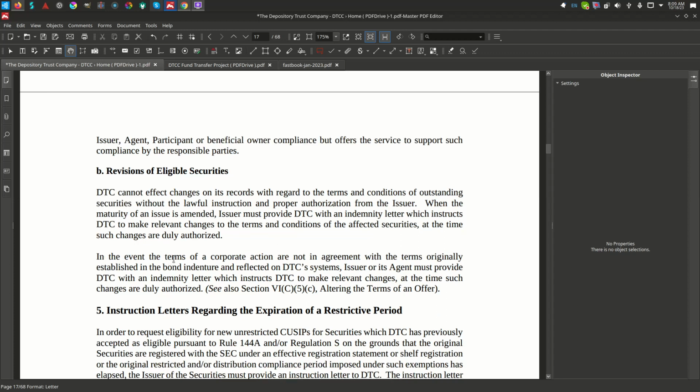In the event the terms and corporate actions are not in agreement with the terms originally established in the bond indenture reflected on the DTC's system, issuers or its agents must provide DTC with an indemnity letter which instructs DTC to make changes at the time such changes are duly authorized.